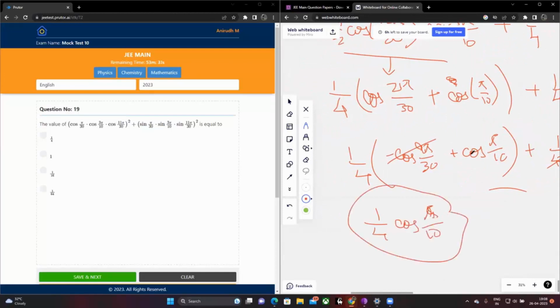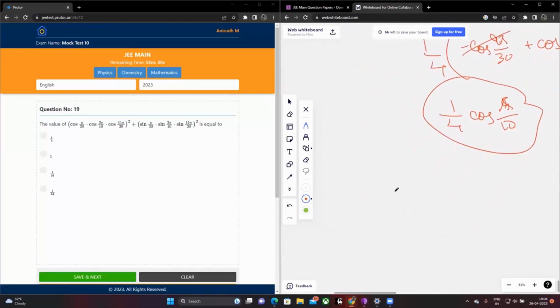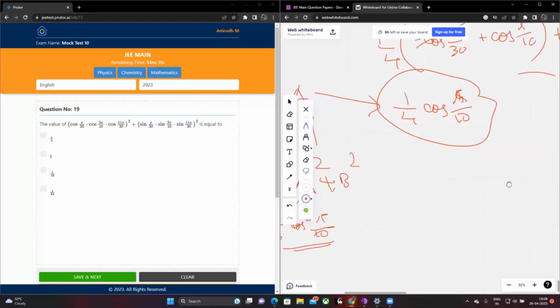That is the value of a. If I write this expression as a squared plus b squared, you have a as this, and so a squared is basically 1/16 cos squared π/10, right?